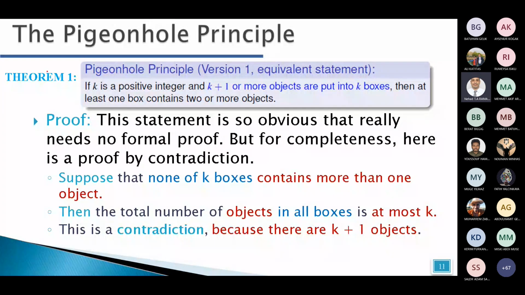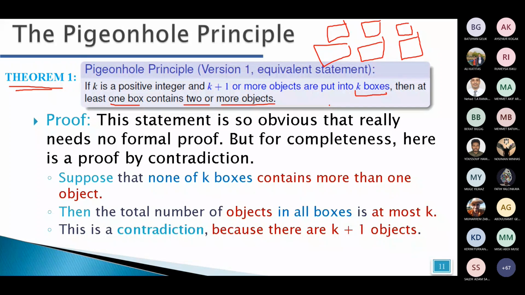This principle has a theorem. The theorem says if k is a positive number and k plus one or more objects are put in k boxes, then at least one box contains two or more objects.